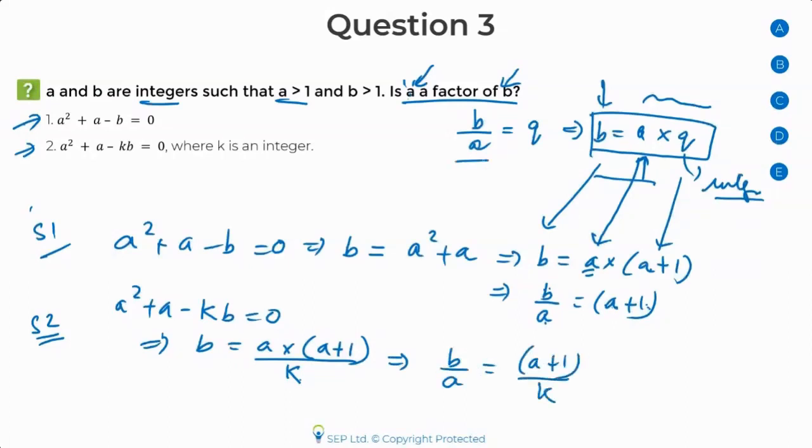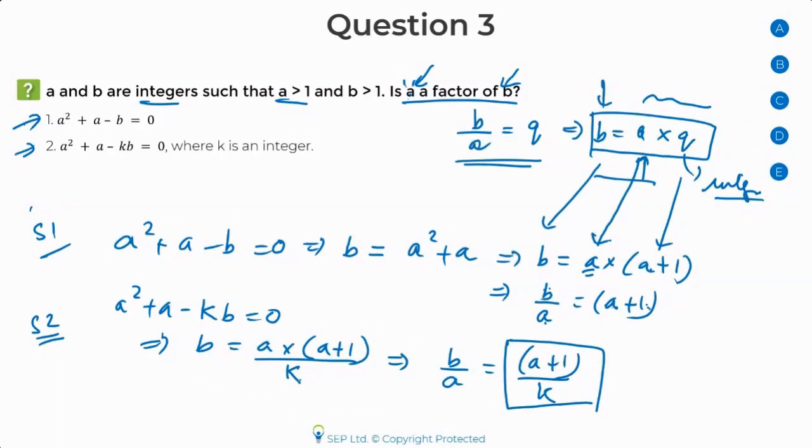Now you have a plus 1 by k. And there is no information about what is the relation between a and k. I cannot be sure whether a plus 1 by k would give me an integer or not. That is why I cannot say with surety that a is definitely a factor of b in this case.